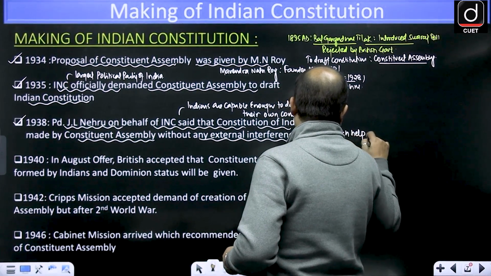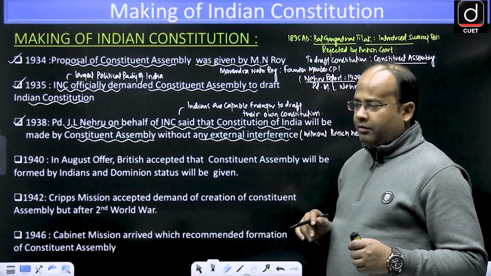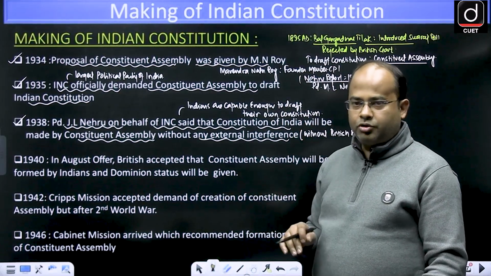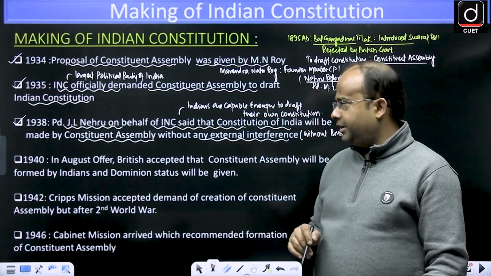So without the help of the British, we are capable enough to draft our constitution. We do not need any external interference.